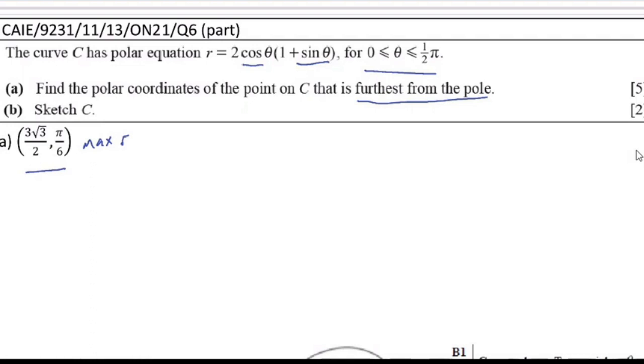Another thing is, when we try to sub in the values, for theta equals 0, the r here is 2. And when theta equals half pi, the r is 0.